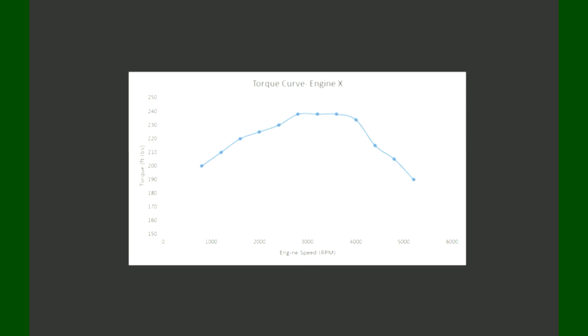Now, this is the torque curve. Of course, this is the torque and this is the engine speed. And as you see, with the engine speed at 1,000, the higher the RPMs, the lower the torque. So the further over here, the lower the torque is.